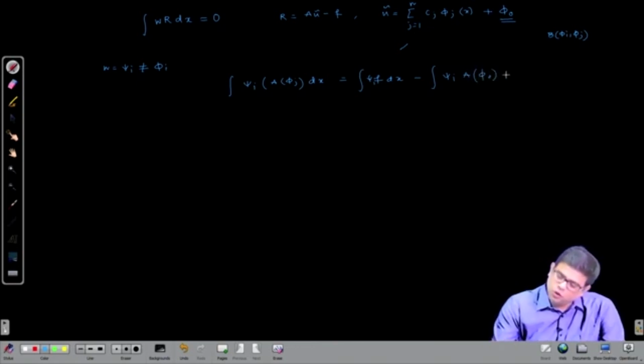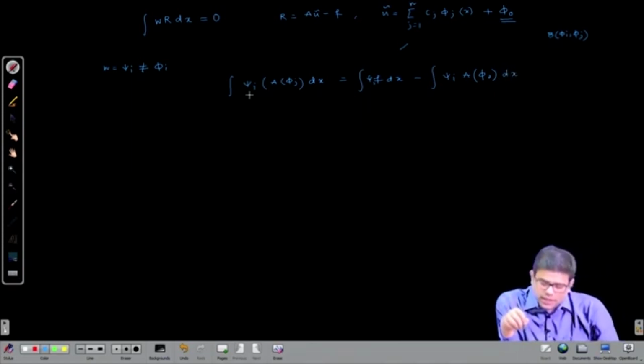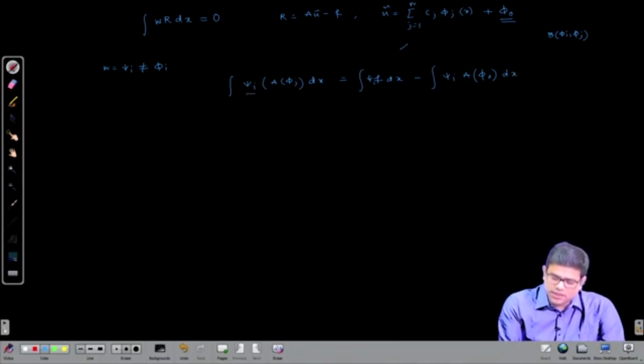So now if you look carefully, this function here is different from this function. The first thing you will notice is that if I substitute this quantity, it will look like this.